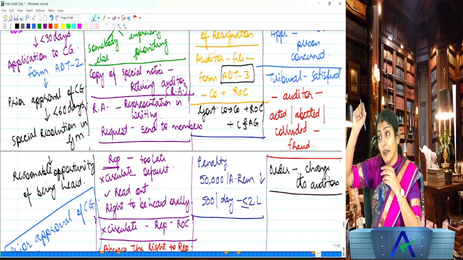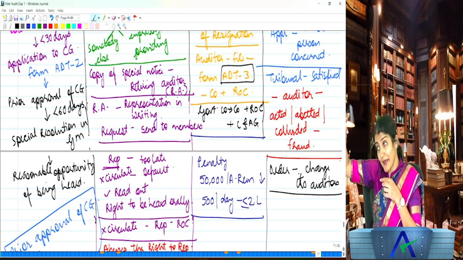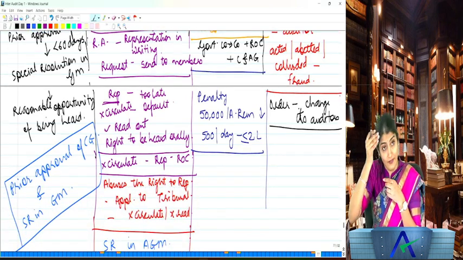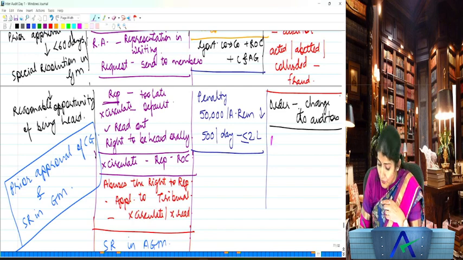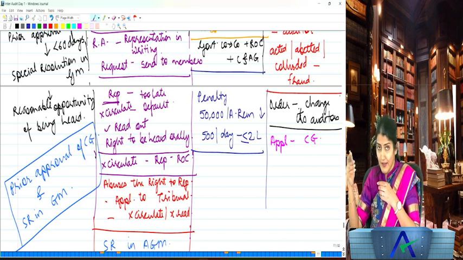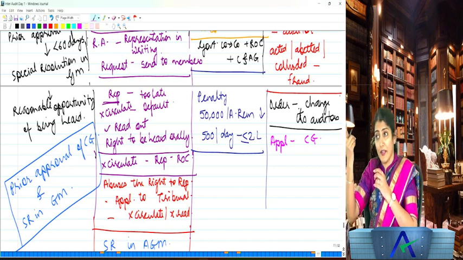How can it? Tribunal either suo motu or based on an application received from CG or any person concerned. Now is it possible that the application could be received from CG? Yes, it could be suo motu, it could be any person concerned or it could be the CG.